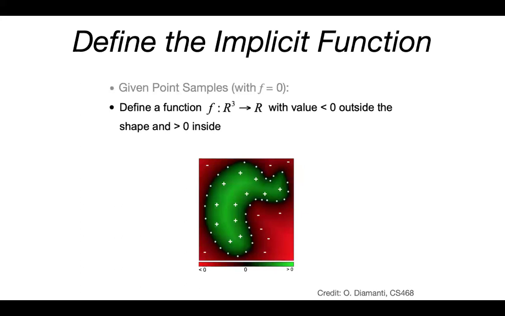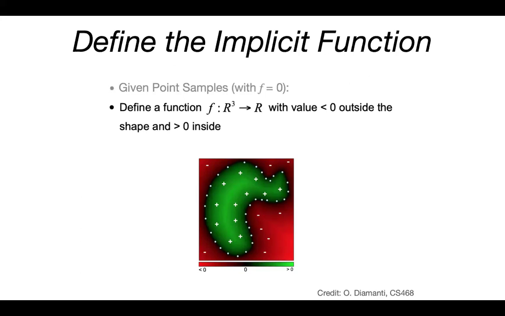And then you have to define a function that has a value smaller than 0 outside and greater than 0 inside. For that, you can give other values, depending on the kind of function you need.